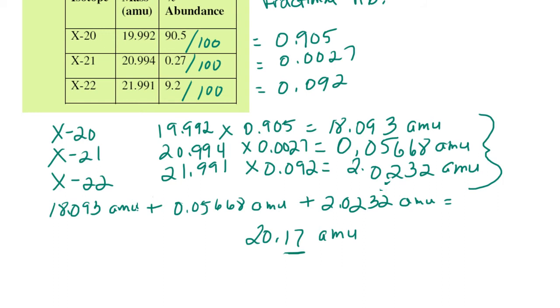Now, if I would have simply averaged these three values here, let's see, I would have gotten 19.992 plus 20.994 plus 21.991, and then divide that by 3, I would have gotten 20.99. And that would have been very different from the weighted average atomic mass.